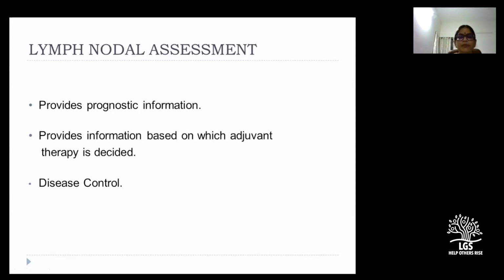And it also provides information based on which you decide adjuvant therapy. These days we use other prognostic tests like Oncotype DX, MammaPrint, whatever, but still, conventional histopathological assessment with proper lymph nodal assessment is important, based on which you prognosticate, control the disease, and make adjuvant treatment decisions.